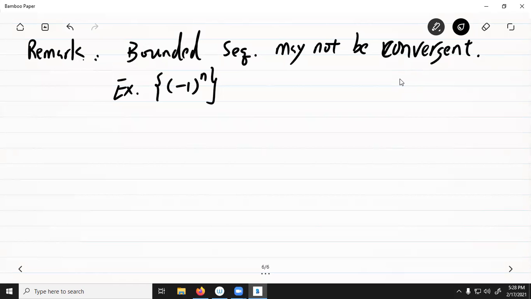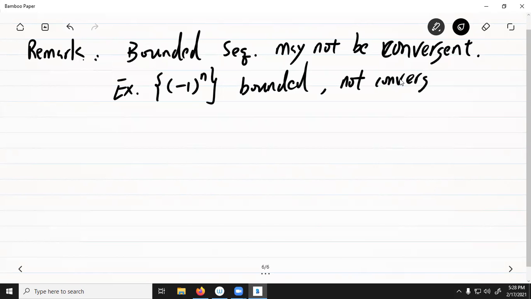It's bounded by 1. It jumps from -1, 1, -1, 1. If you take the absolute value, it's always less than or equal to 1, or less than or equal to 2, doesn't matter, but it's bounded. So this is bounded, but not convergent.